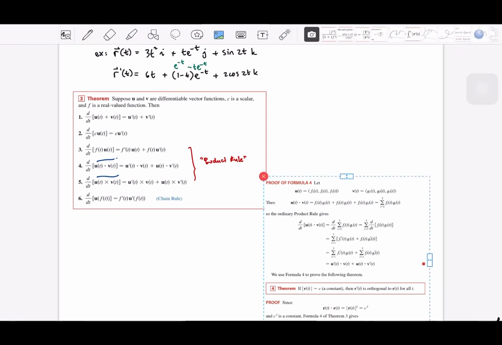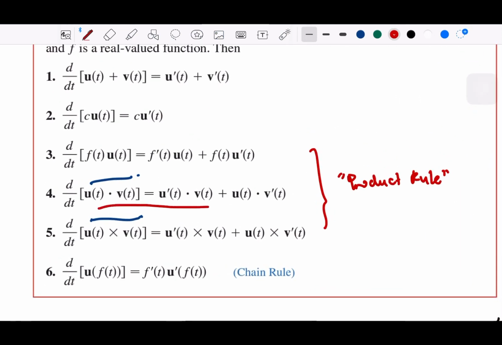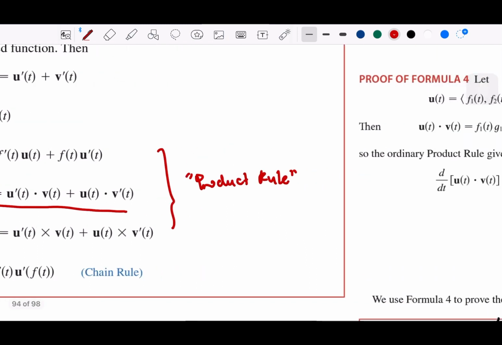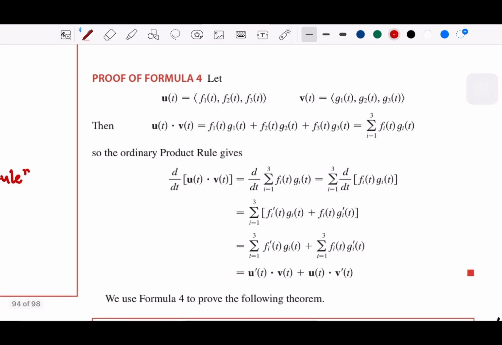Just a quick note on number 4, this one here. If you want to look at it in more detail, let's say we have u and v with different functions inside. First, we take the dot product of u and v, and we can write it as a summation, f(t) g(t), and then three terms with n1, n2, and n3, right?